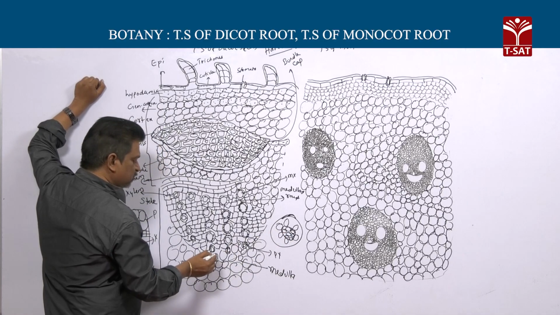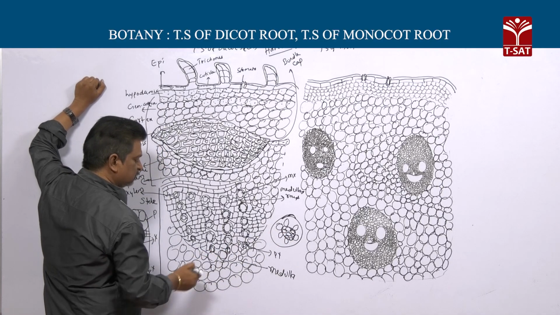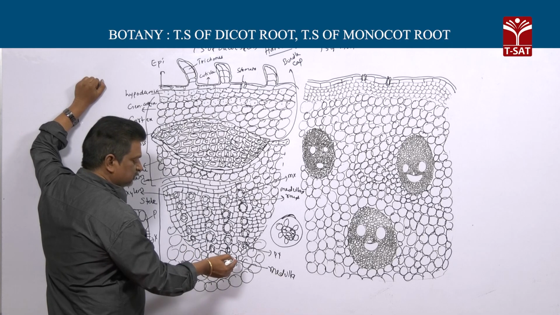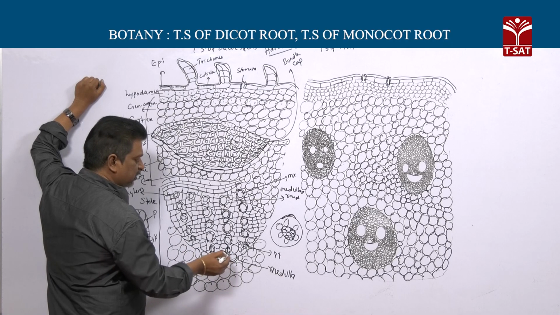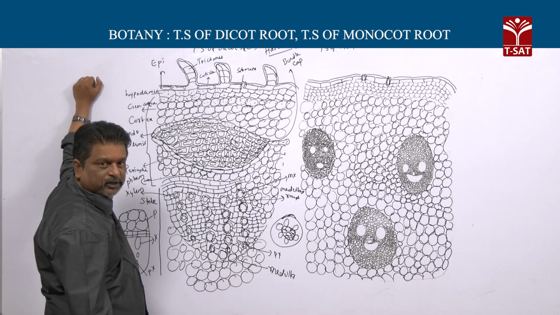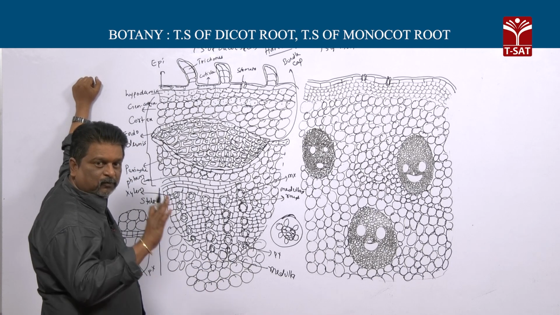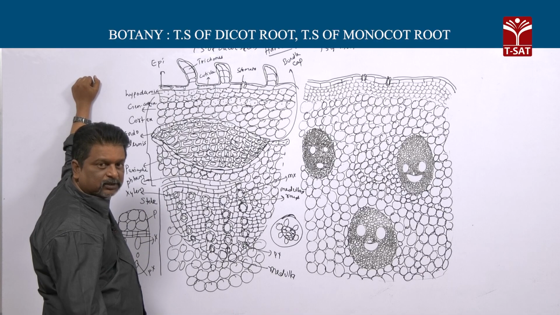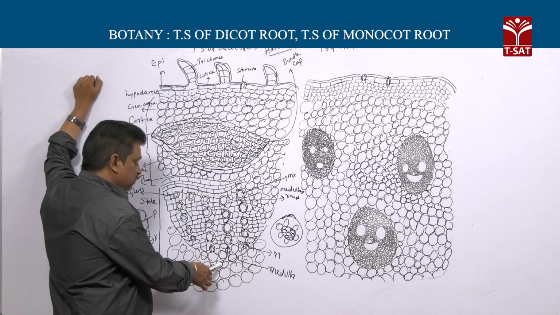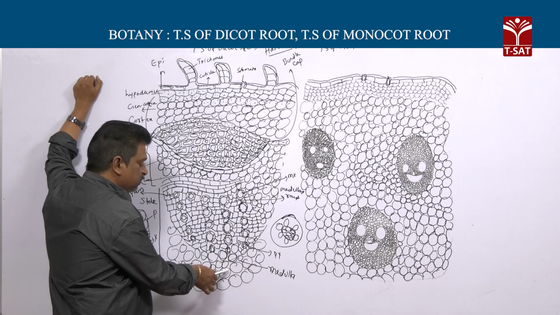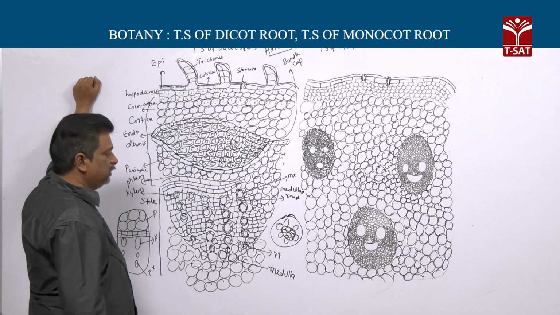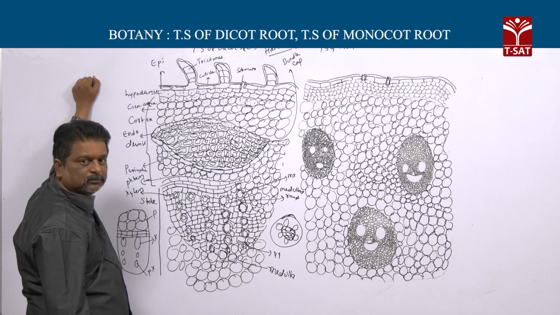These medullary cells are parenchymatous, and they help in storage. One exception is a dicot family, where the medullary cells degenerate and form a medullary cavity.